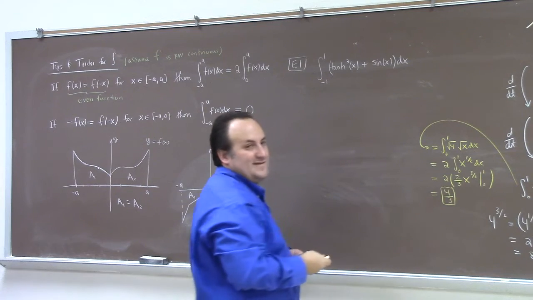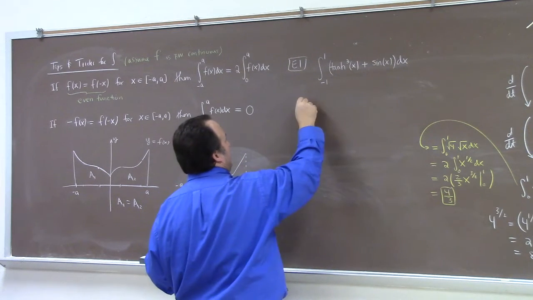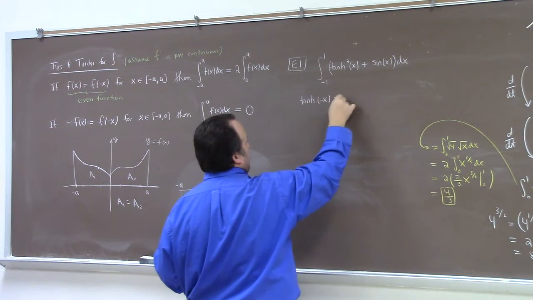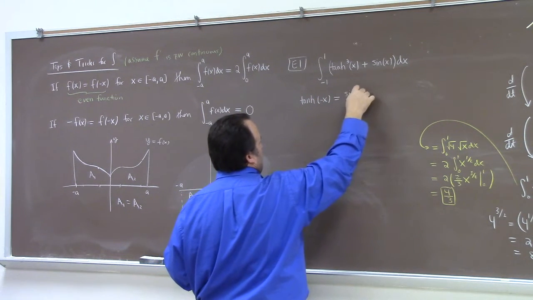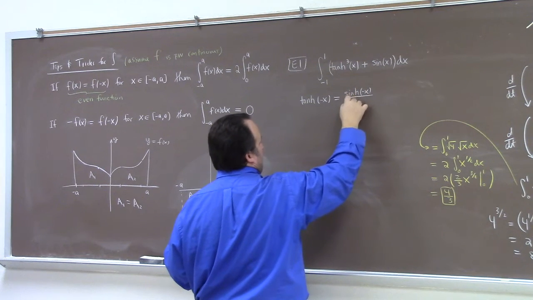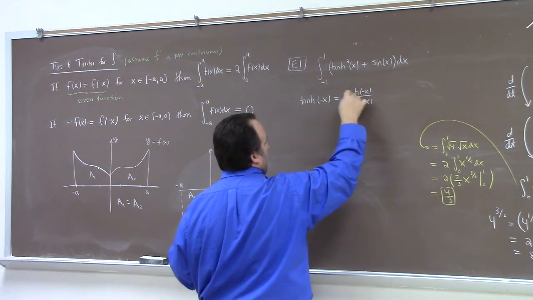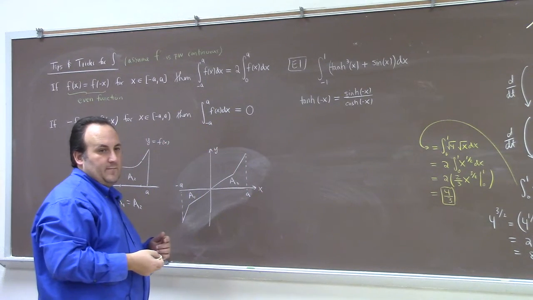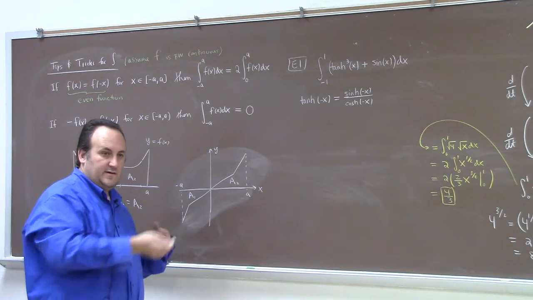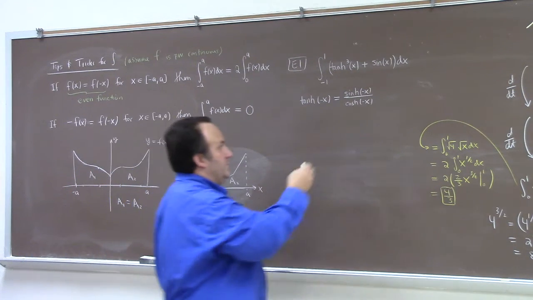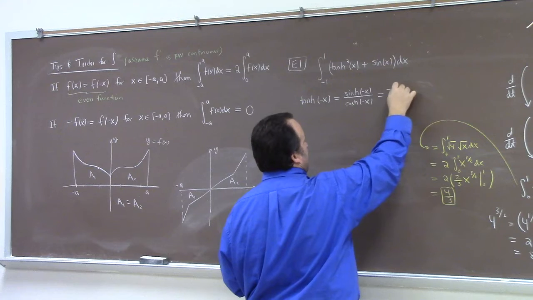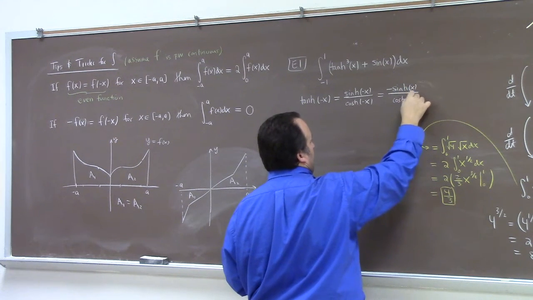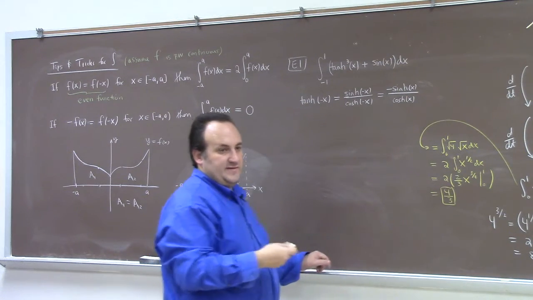So the thing is that the hyperbolic tangent of minus x is sinh of minus x over cosh of minus x, right? But cosh is even and sinh is odd. So we get minus sinh of x upstairs and we get cosh downstairs. In other words, it's minus tanh of x.